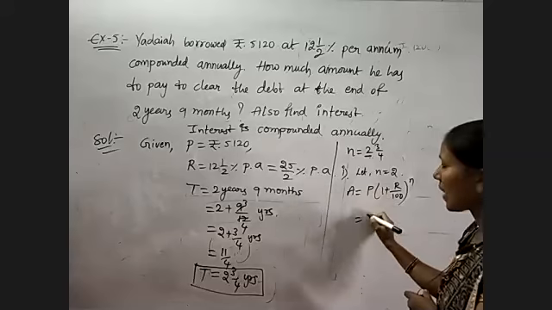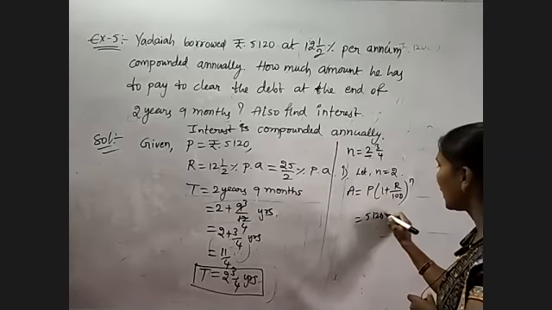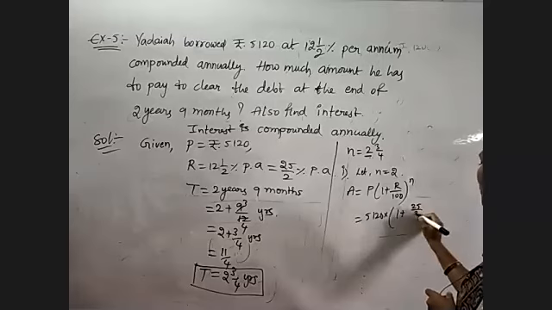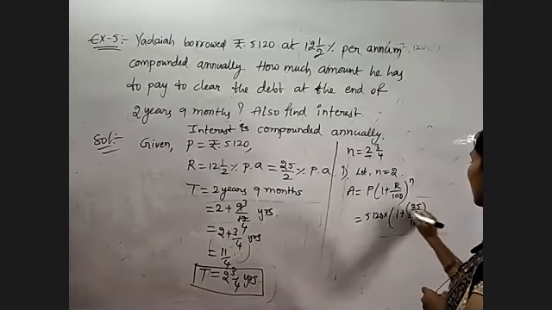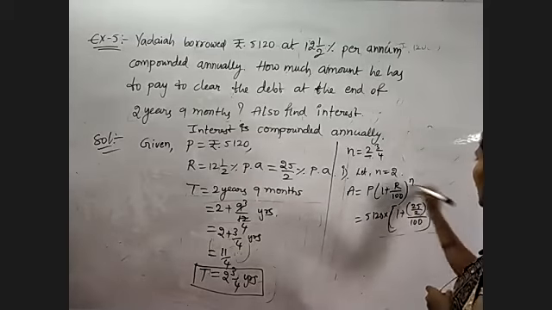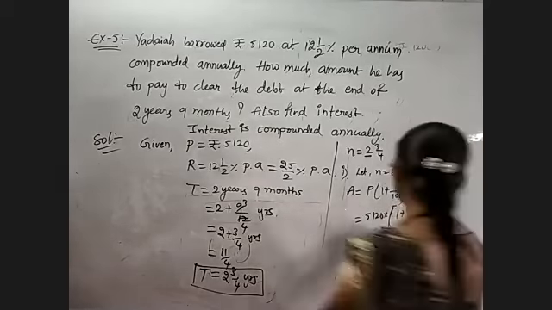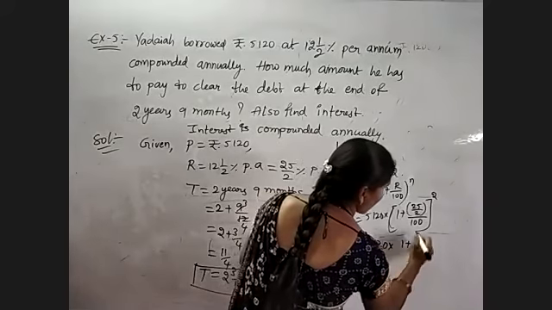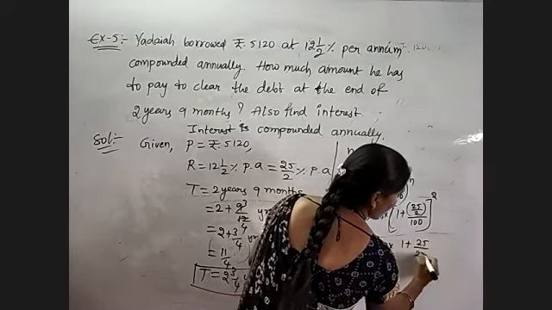Find the amount: P into 1 plus R by 100, whole to the power N. P value is 5,120 into 1 plus R value 25/2 by 100, whole to the power N is 2. Calculate this: 5,120 into 1 plus 25/2 into 100.